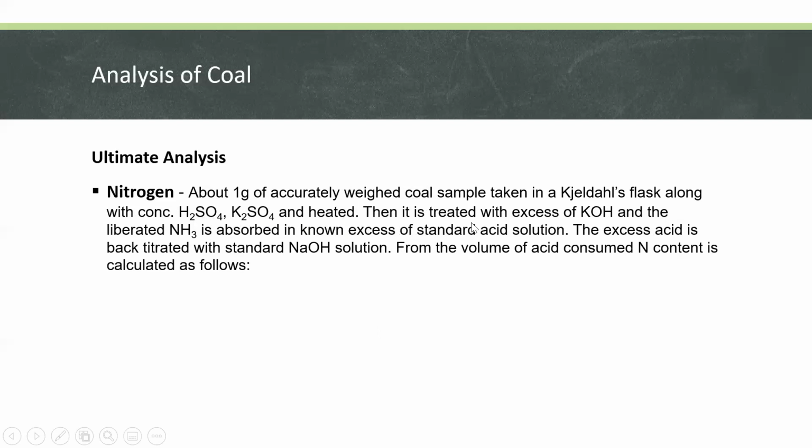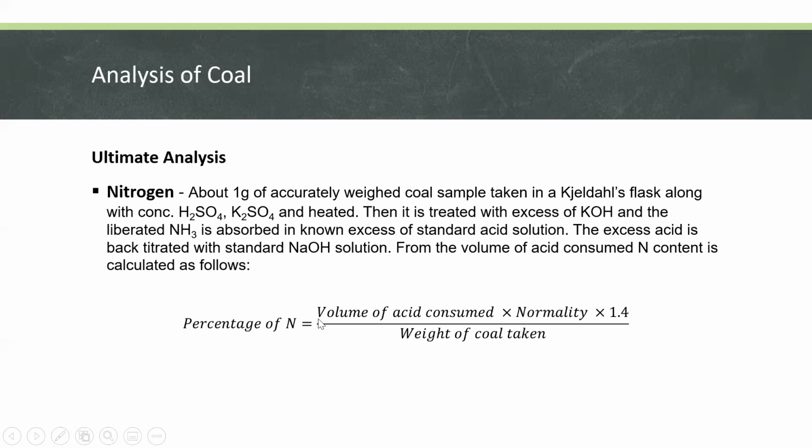Then it is treated with excess potassium hydroxide and the liberated ammonia is absorbed in a known excess of standard acid solution. The excess acid is back titrated with standard potassium hydroxide solution. So from the volume of acid consumed, the nitrogen content is calculated as follows.